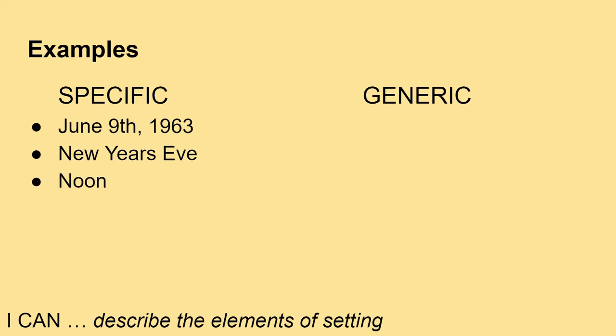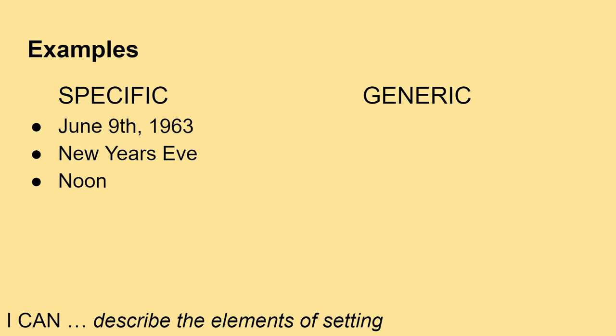So let's take a look at some examples of the when part of a story. Okay. June 9th, 1963. You could find that on a calendar. Not a calendar from this year, but you could find it. New Year's Eve. We all know when that is. Noon. You all know when noon is.